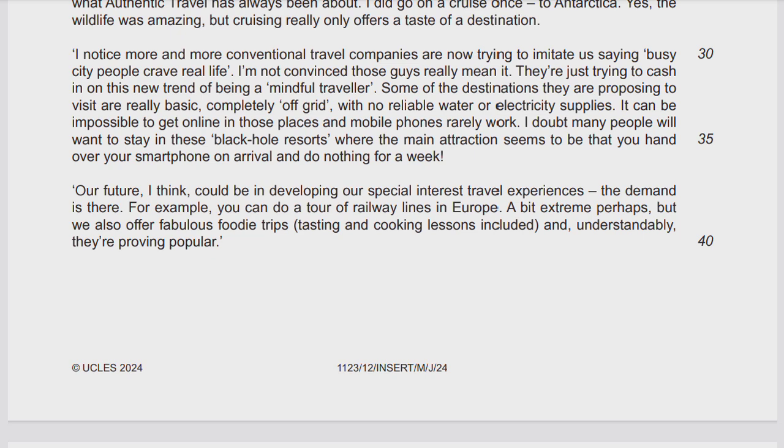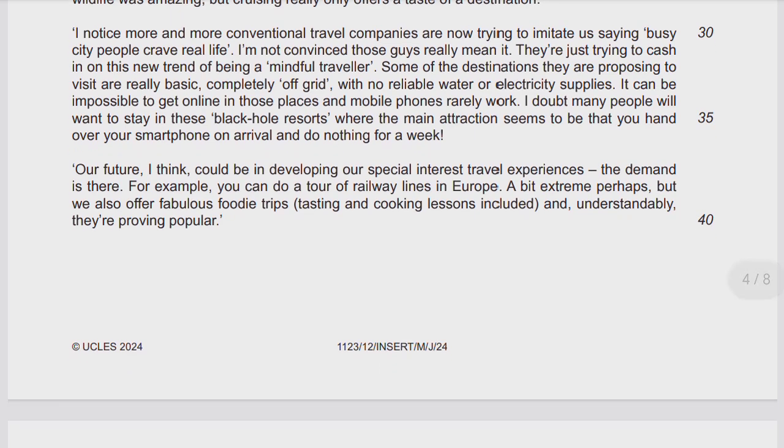It can be impossible to get online in those places, and mobile phones rarely work. I doubt many people will want to stay in these black hole resorts where the main attraction seems to be that you hand over your smartphone on arrival and do nothing for a week.